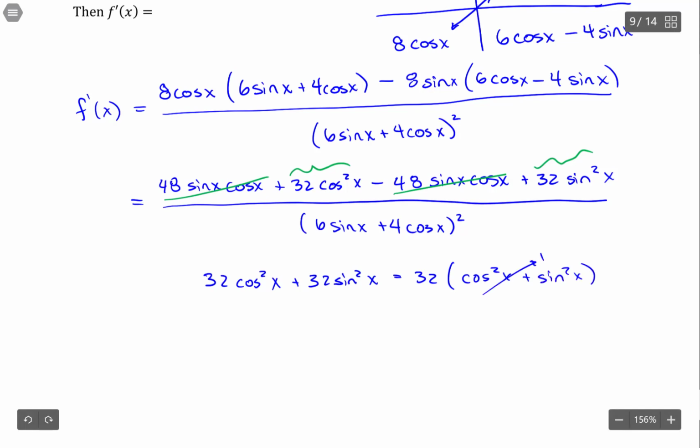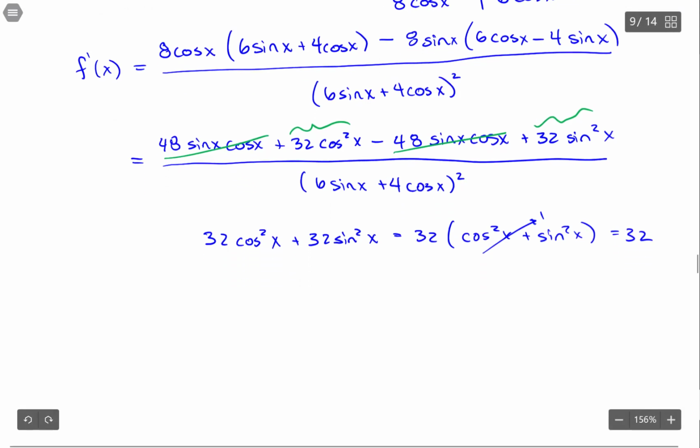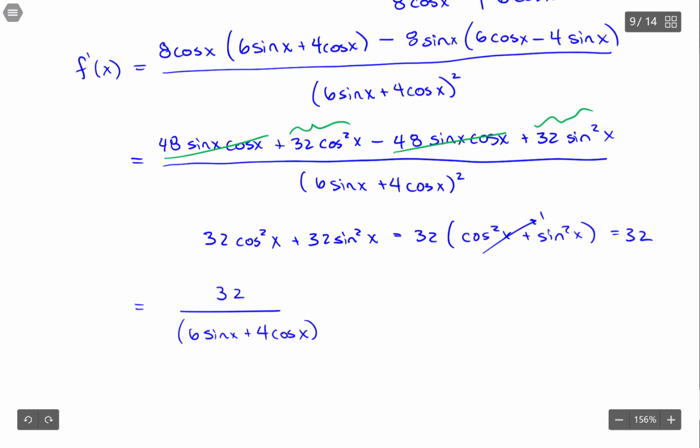This goes to 1, which means all of that in the numerator will reduce to 32. So this derivative then looks like just 32 over 6 sine x plus 4 cosine x squared.